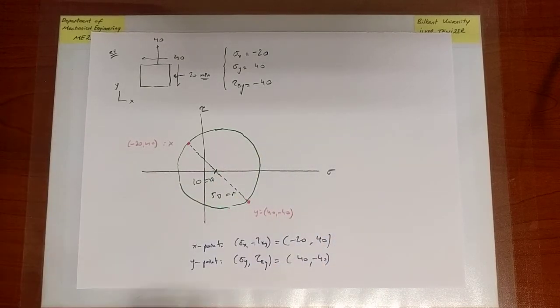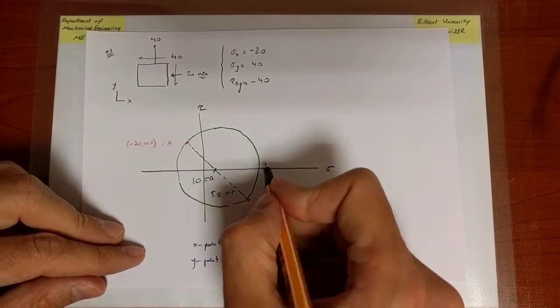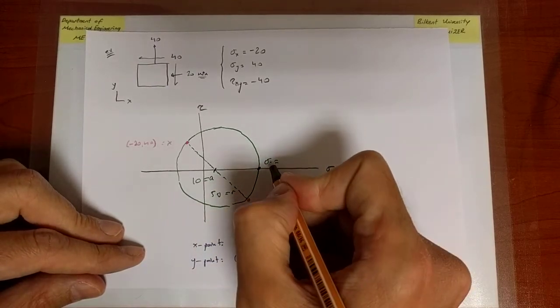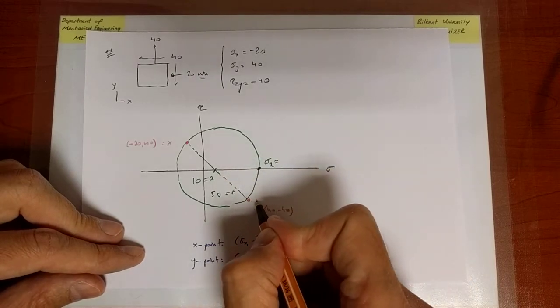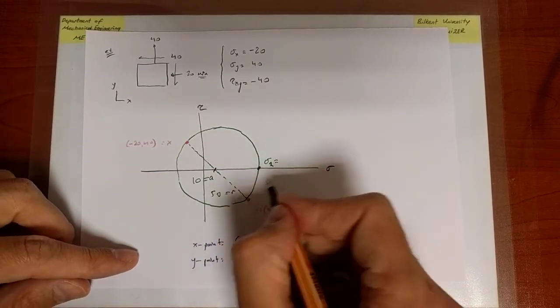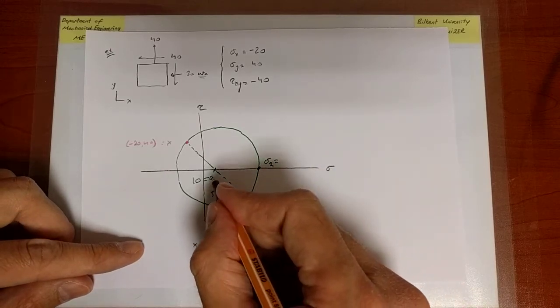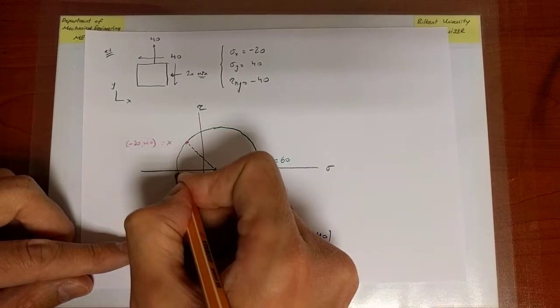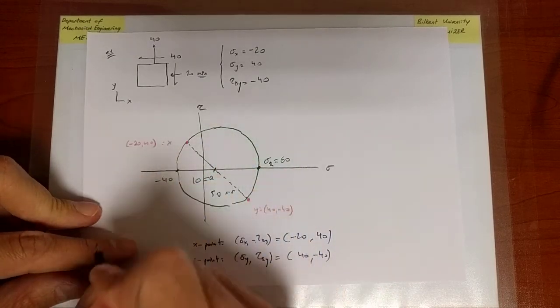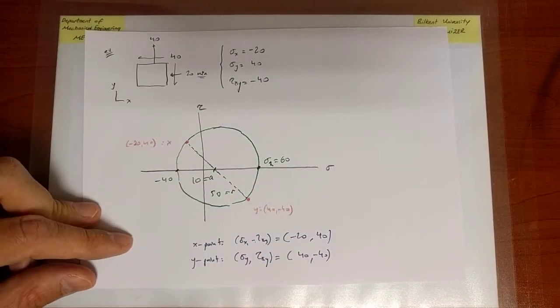And then if that is the radius, then I know that this here is sigma 1, which, well, let's call it sigma 2 because it has to do with the rotation of y. That's the way I'm going to interpret it. So it is 10 plus that, it is 60, and this one is 10 minus that value, which is minus 40 MPa.